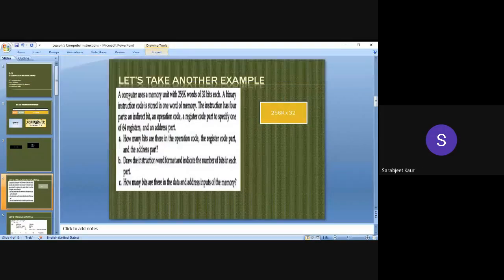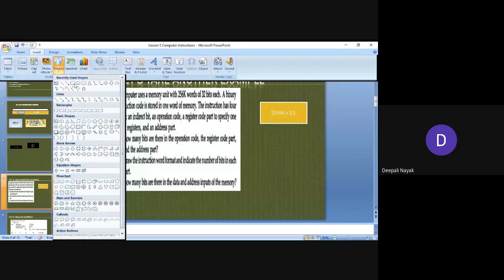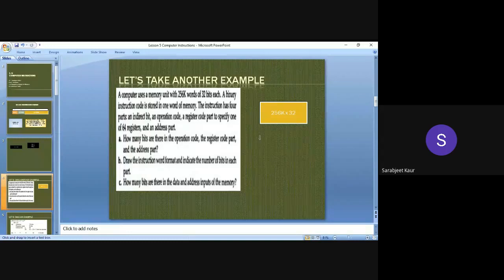Now, a binary instruction code is used in one word of the memory. So this means that one instruction is equal to one word. And what is the word length here? 32 bits. Let me draw the instruction as well for you.